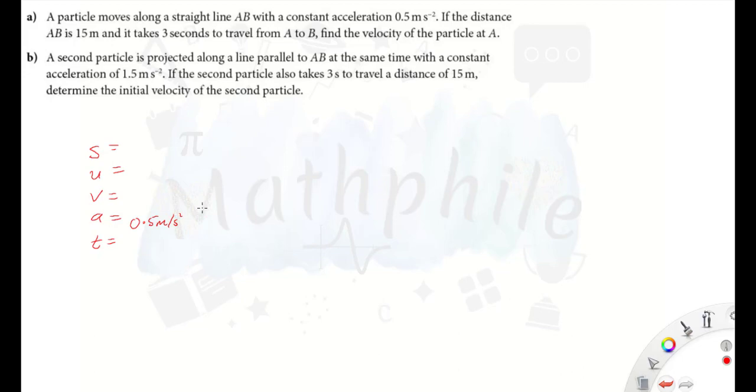If the distance is 15, so s is 15, and it takes 3 seconds. So if it becomes very easy, then you get 3 values. The very moment you've got 3 values, you can find everything. In some cases, you get only 2 values. That makes the constant acceleration a little bit complicated.